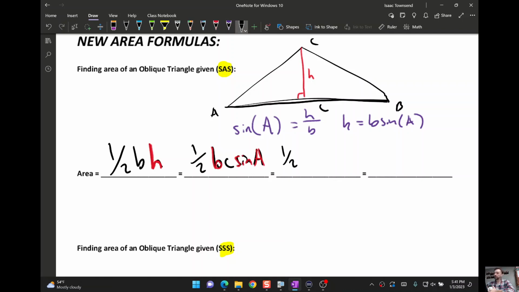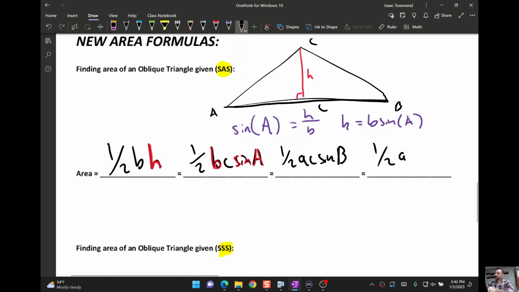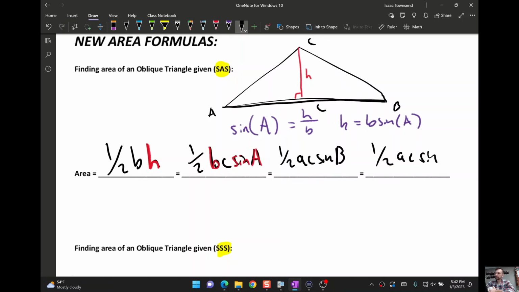But you could also do 1/2 BC sine of A. So we could have AC sine of B. Or the last possibility would be AB sine of C.